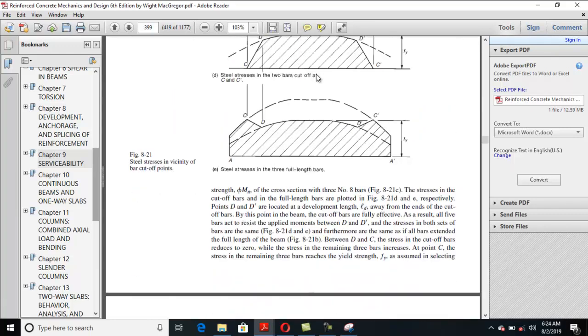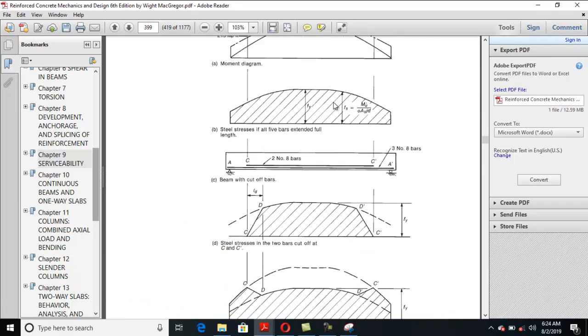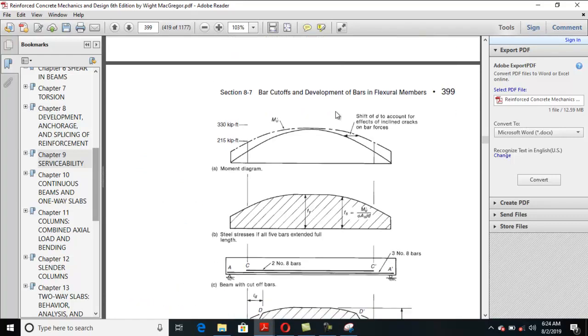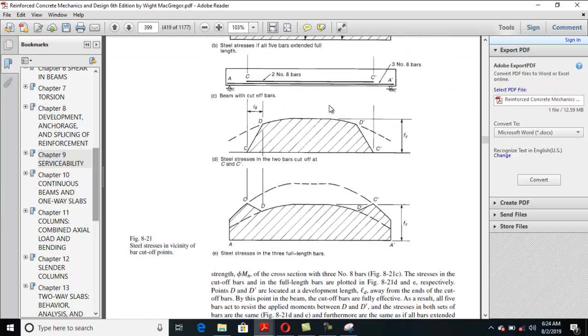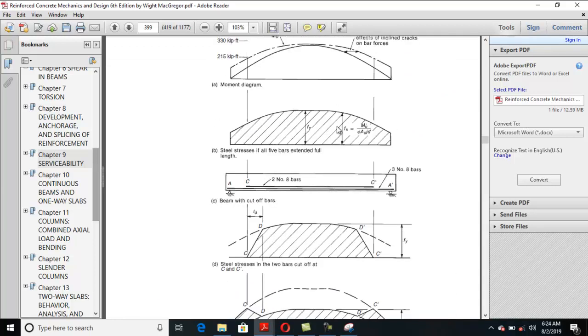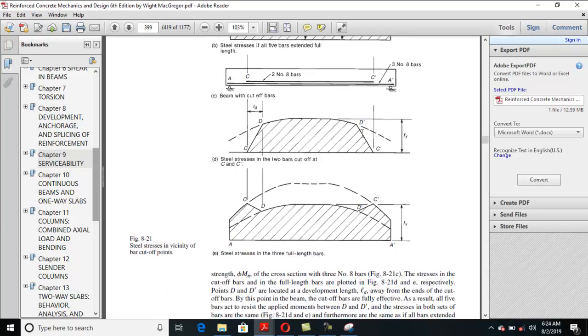This diagram has very important details. They show that when you provide your full bars, 5 number 8 bars, that gives you this diagram, and once you cut off your bars, your moment capacity will be reduced from that point to this distance.